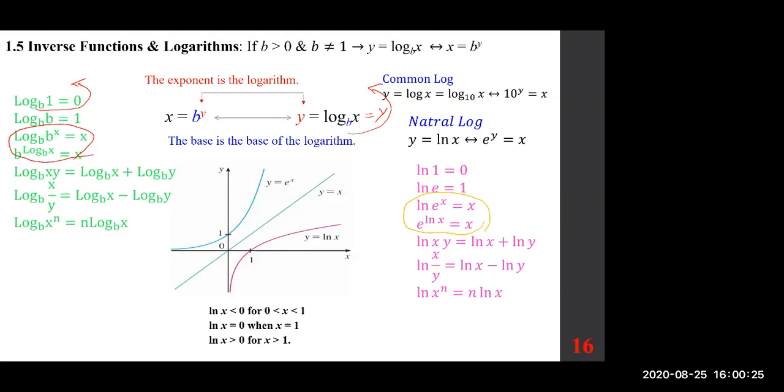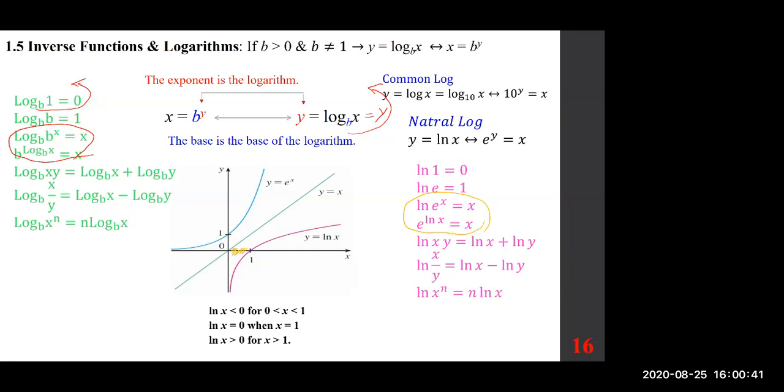When x is between 0 and 1, that means here, the graph of y equals ln x is below the x-axis, and that's why ln x is negative.